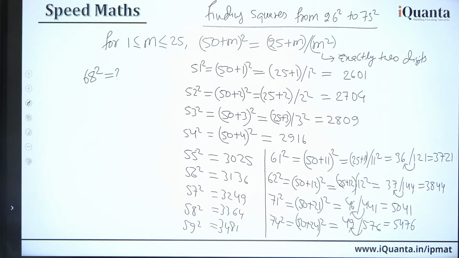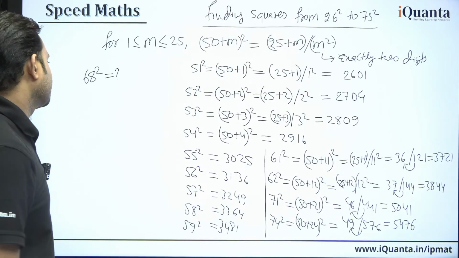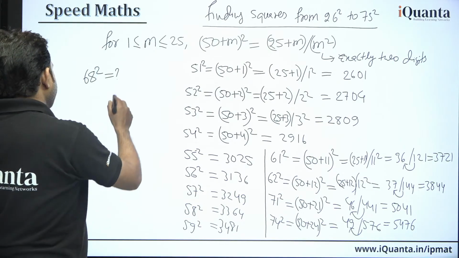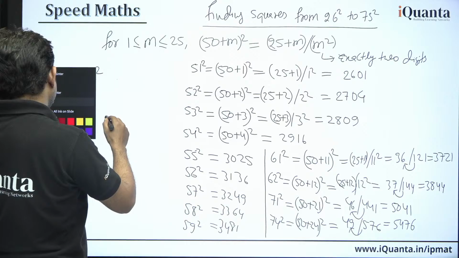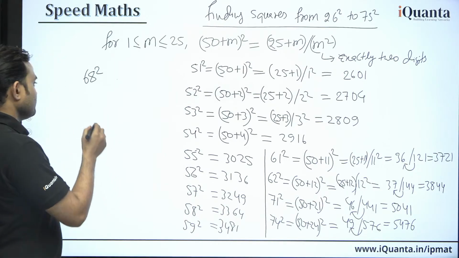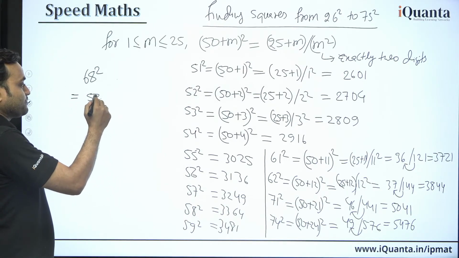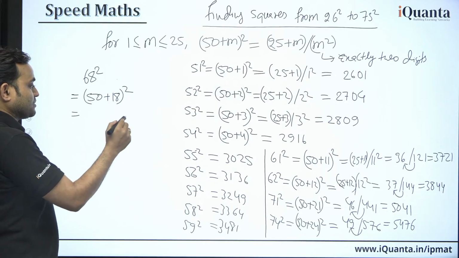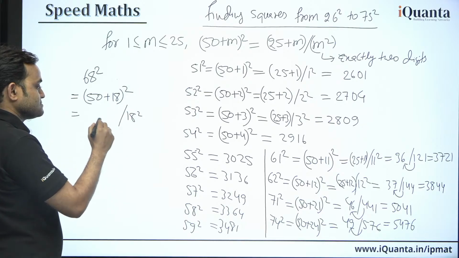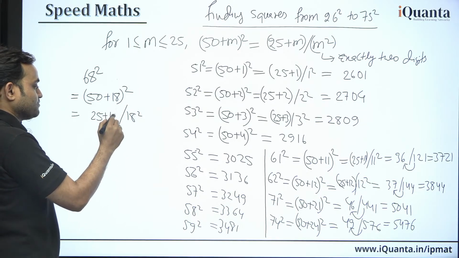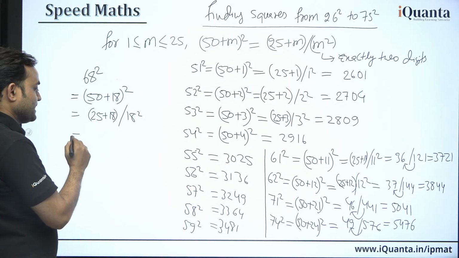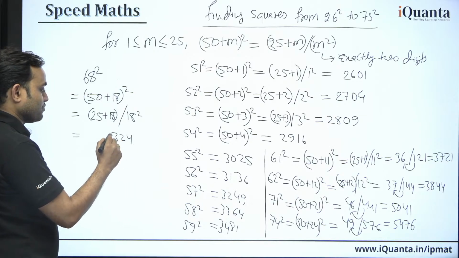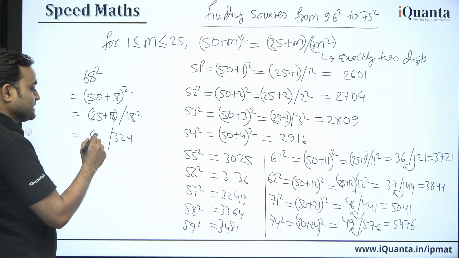4624. Yes, looks correct. 68 square can be written as 50 plus 18 whole square, which will be equal to 18 square and 25 plus 18. 18 square is 324. 25 plus 18 is 43.